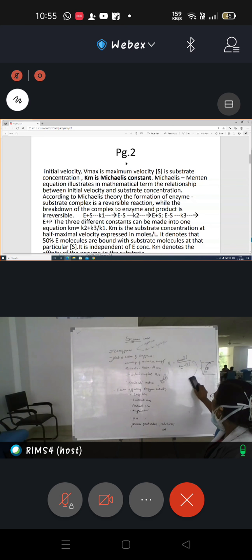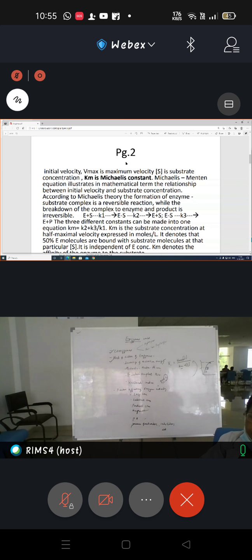Now what is happening at point C? At point C, we are seeing that on increasing the substrate concentration, there is no increase in the rate of reaction.